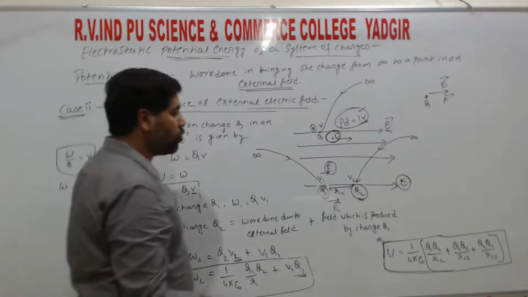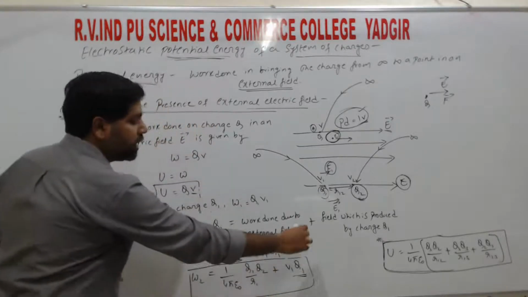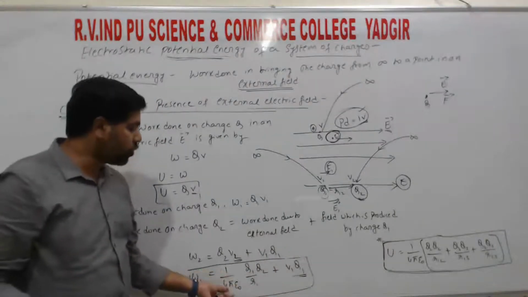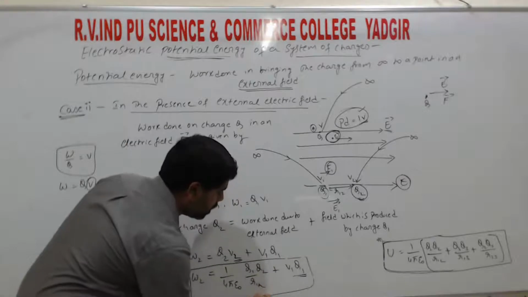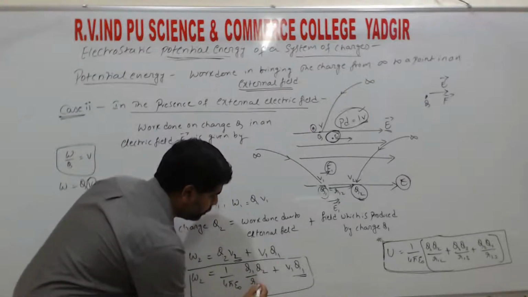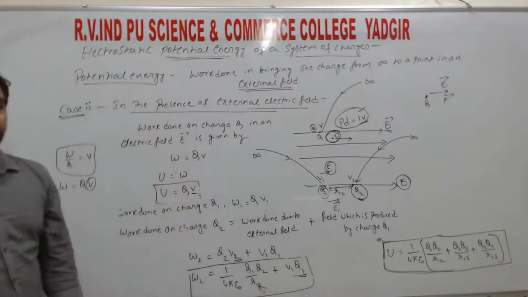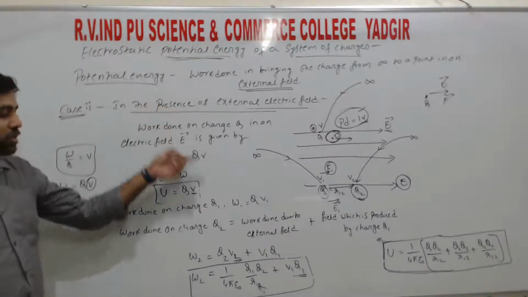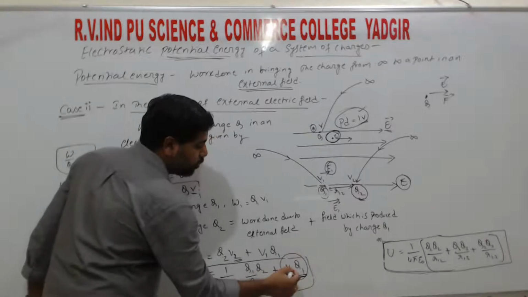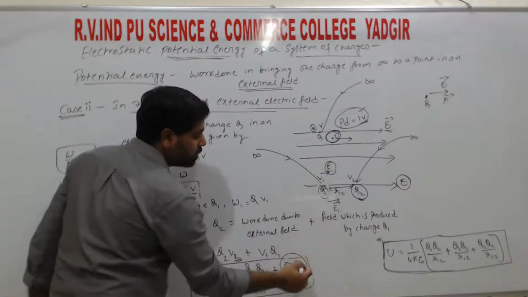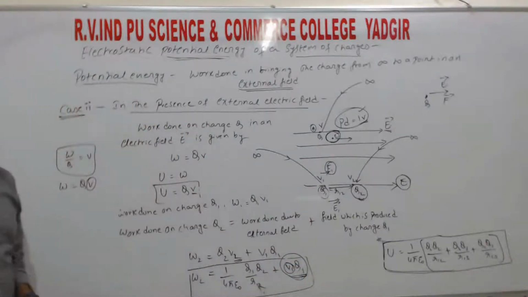So if we bring one more charge, again it will add, right? So 1 by 4 pi epsilon naught Q1 Q2 divided by R1, where this distance is R1, right? So this is for the case in the presence of an external field. One more quantity we are getting here is the potential V1 due to the charge Q1.